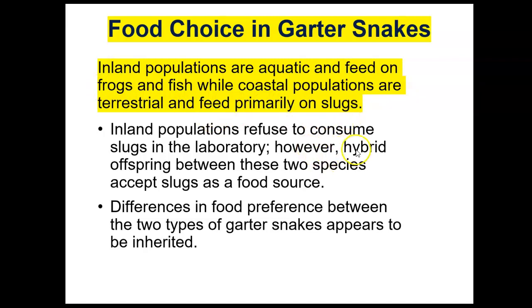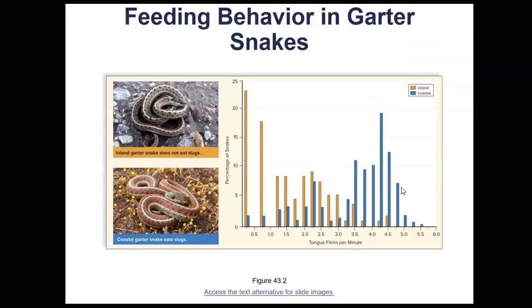When they cross these two types of garter snake, the hybrid offspring would accept slugs as a food source in the lab. So that is another experiment that supports this, and here's the data from the experiment. The percentage of inland garter snakes that would eat slugs is shown in this golden brown color. And blue is showing the coastal variety that would eat slugs.